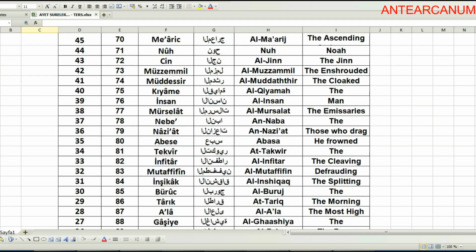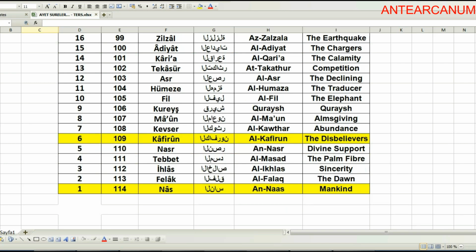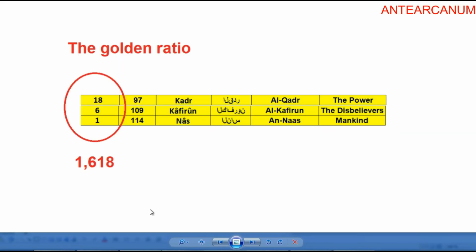Our final destination on this numerical odyssey is Surah Al-Qadr, the 97th surah. When approached from the end, it ascends to the 18th position. But is this a mere coincidence? Or is there a deliberate connection to the golden ratio of 1.618? If the Quran is indeed a divine book, it is highly probable that it harbors intricate codes.